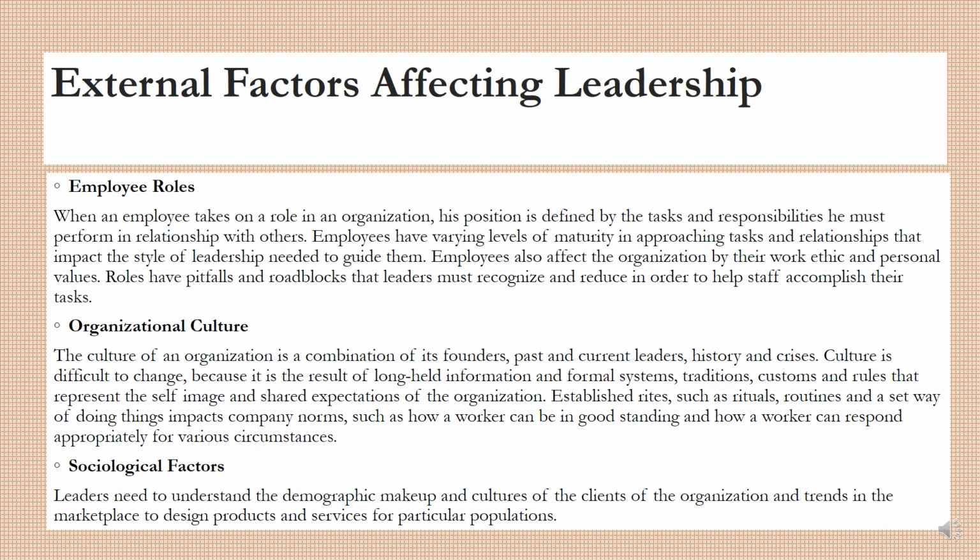Then, sociological factors. Leaders need to understand the demographic makeup and cultures of the clients of the organization and trends in the marketplace to design products and services for a particular population. So, you have to be really sensitive towards the sociological factors.